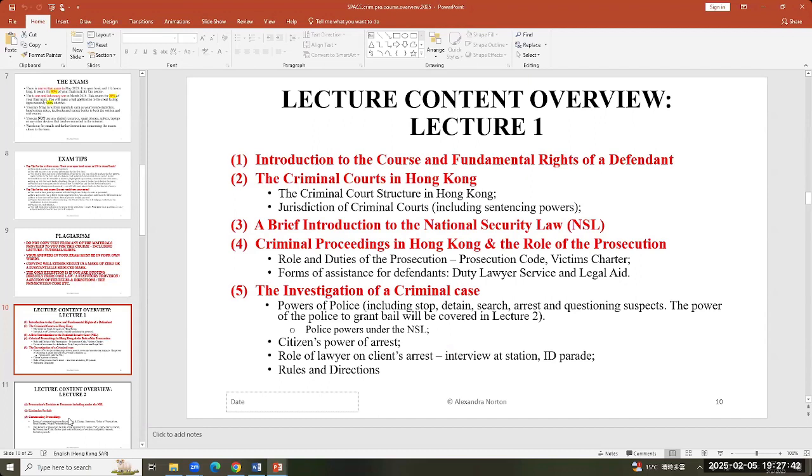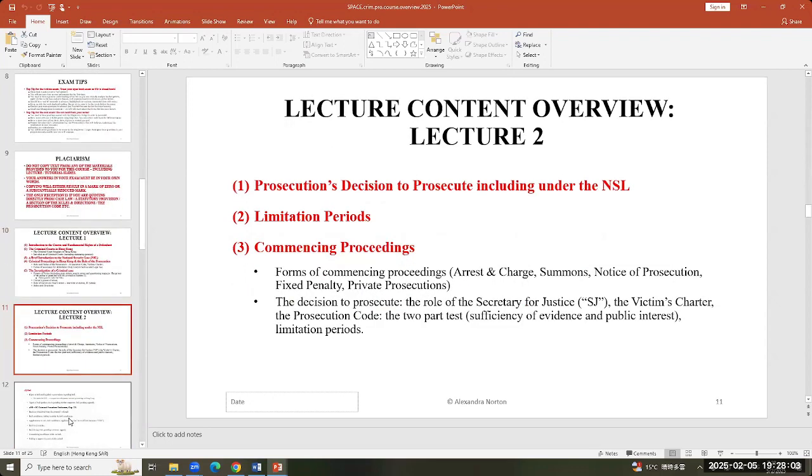And then we'll look at police powers, primarily focusing on the power to stop, detain, and search and arrest. We'll look at the fact that even a private citizen in Hong Kong can actually perform an arrest on someone. We'll look at what a lawyer does when their client's arrested and the rules and directions.